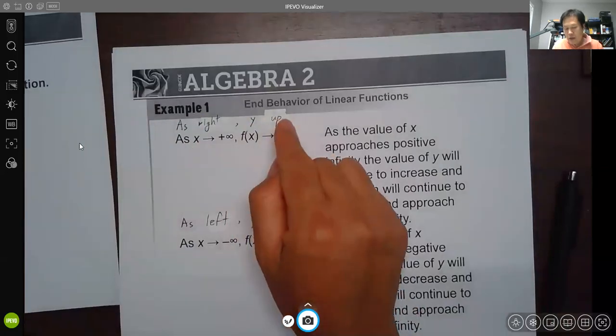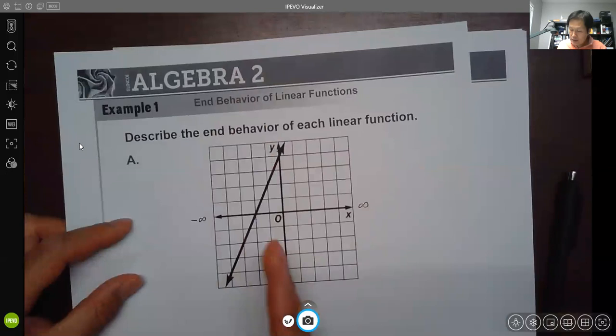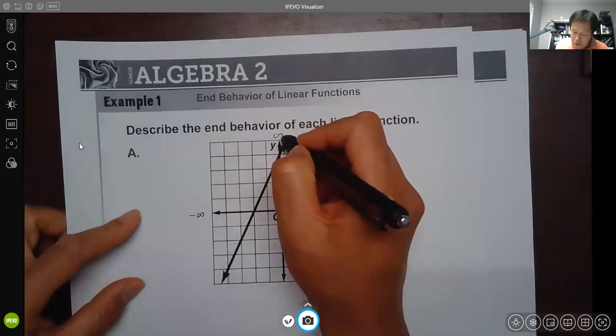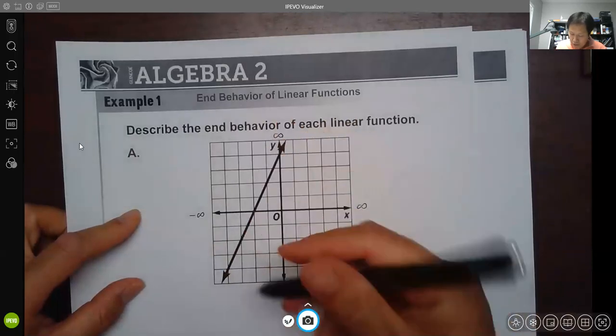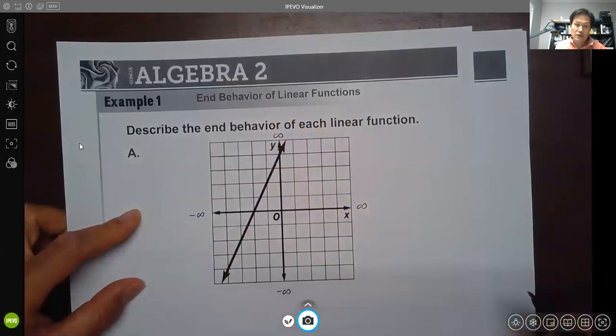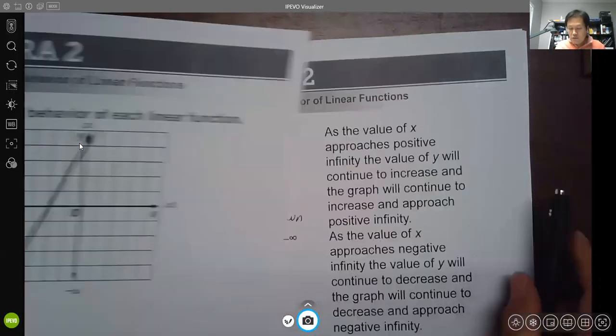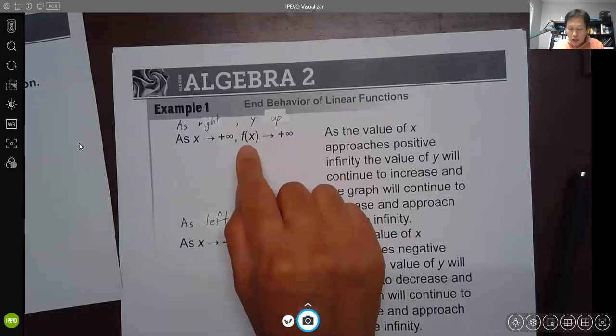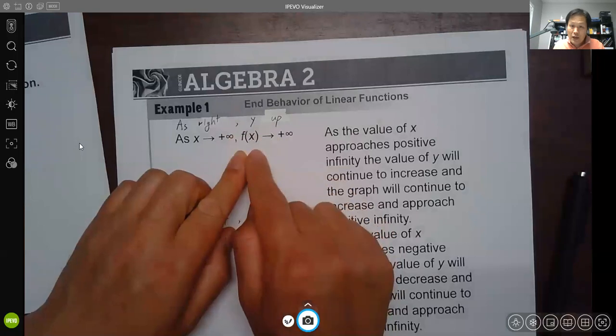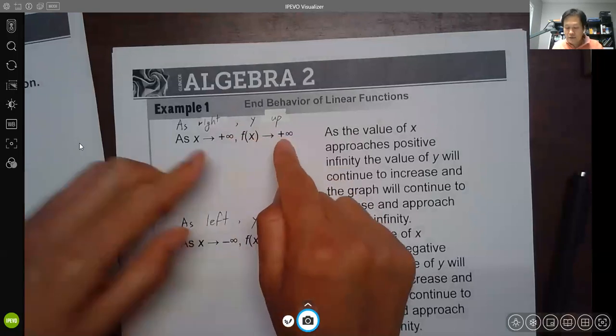Y goes up, and going up on the y-axis is approaching positive infinity. Y goes down, that's approaching minus infinity. So a fancy way of saying y goes up is that f of x, which is y, approaches positive infinity.